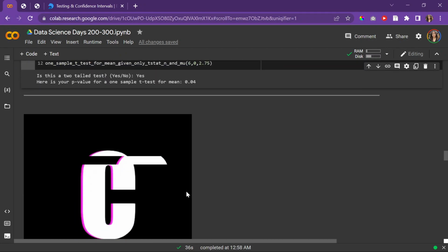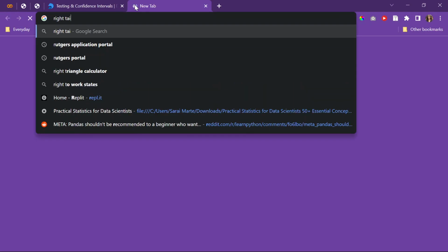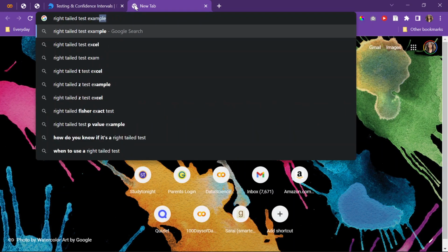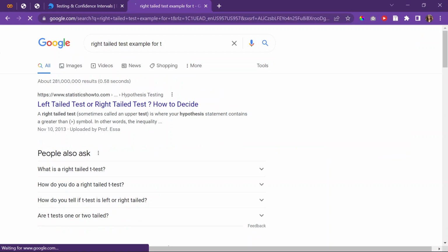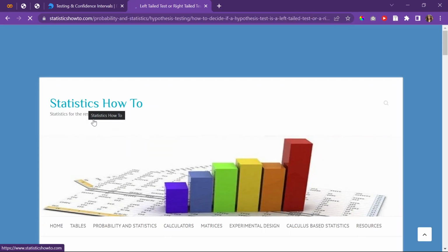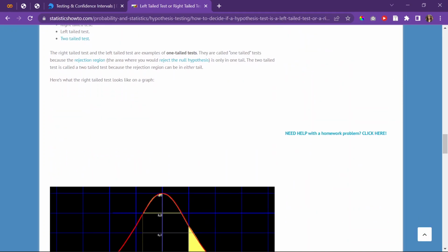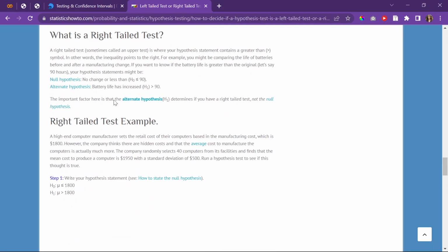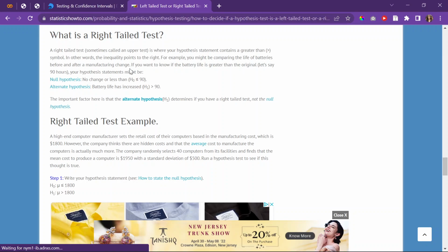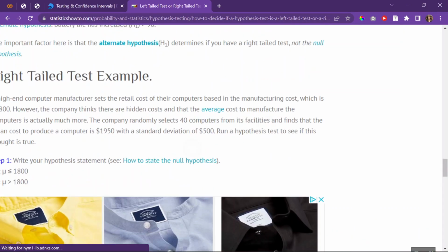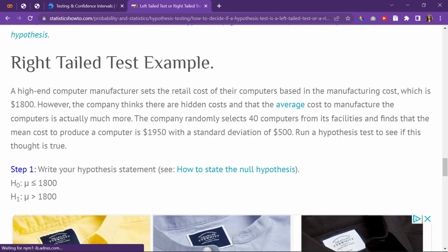If it's a right one, let me do a right-tailed test example for T. Okay, let me try this example. A high-end computer manufacturer, blah, blah, blah.